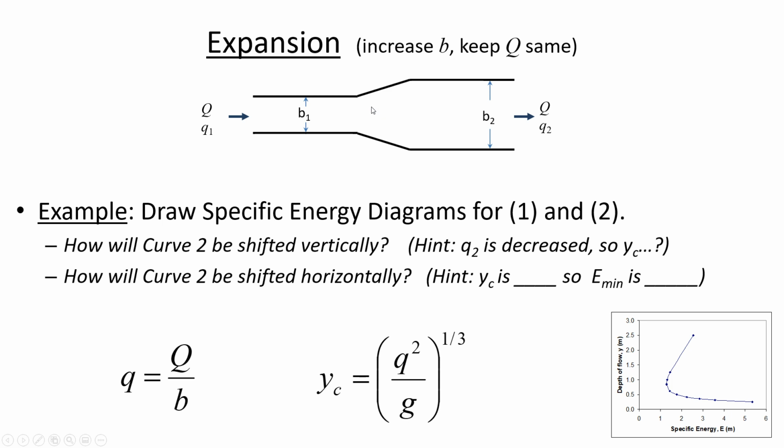If the channel gets wider, if it expands, then that's going to move the specific energy diagram down and to the left for similar reasons, because if the flow per unit width is lower, then the critical depth is lower, so that's what shifts it down. And if the critical depth is lower, then the minimum specific energy is also less, so that's what moves it to the left.